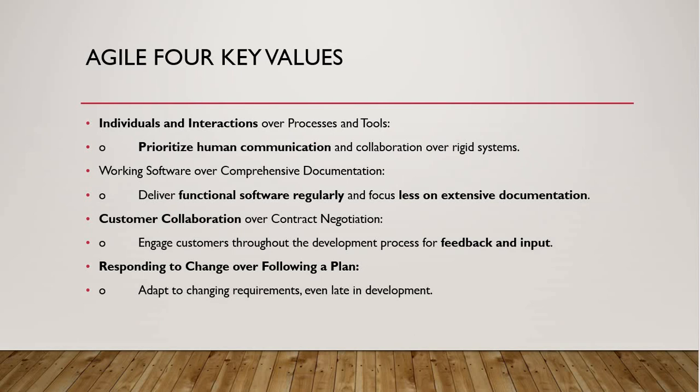So that's what it means by functional software regularly. And then customer collaboration over contract negotiation, which means we engage customers throughout the development process at each stage. Okay, for feedback and input from the customer, from the stakeholders.